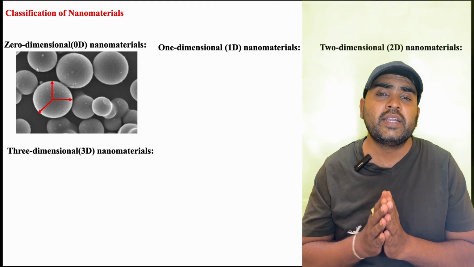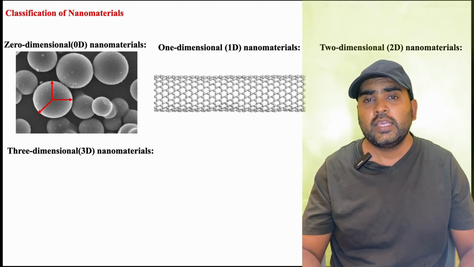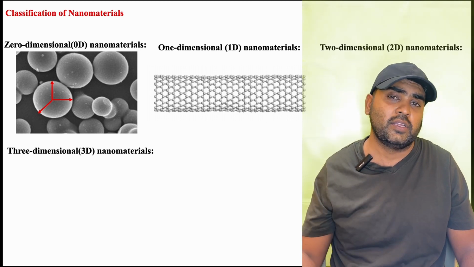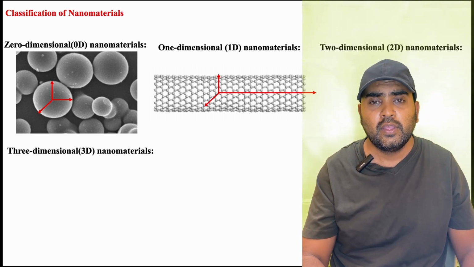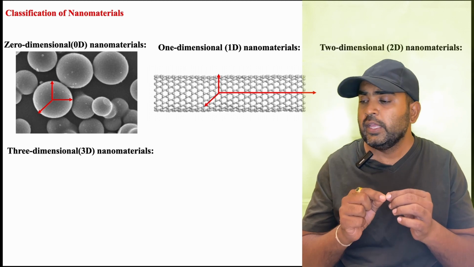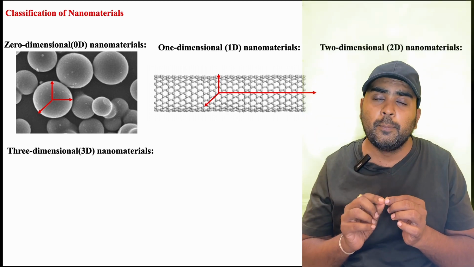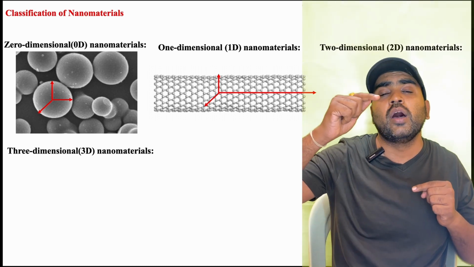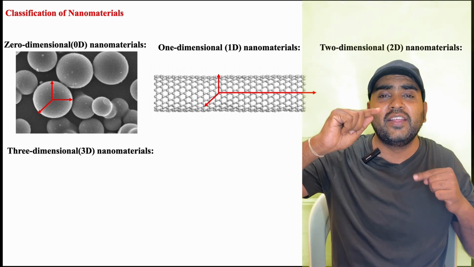Example, quantum dots. The second one, we call one-dimensional nanomaterial. That means, with the help of dimension, the x-axis is very lengthy compared to the other two dimensions, y and z.